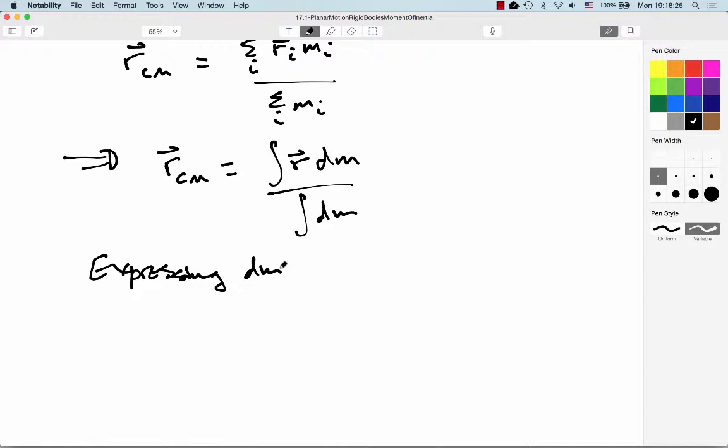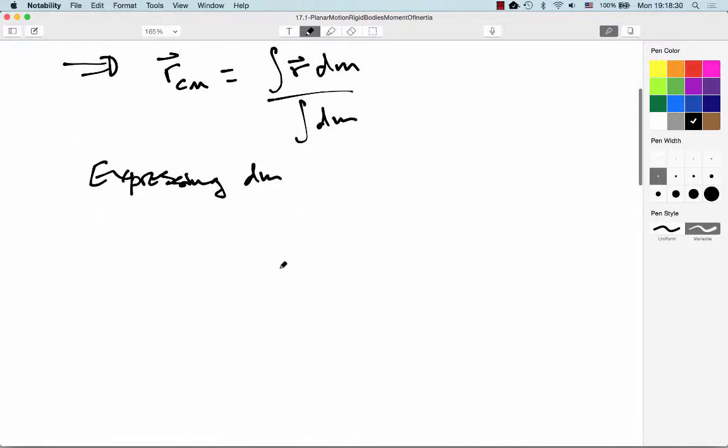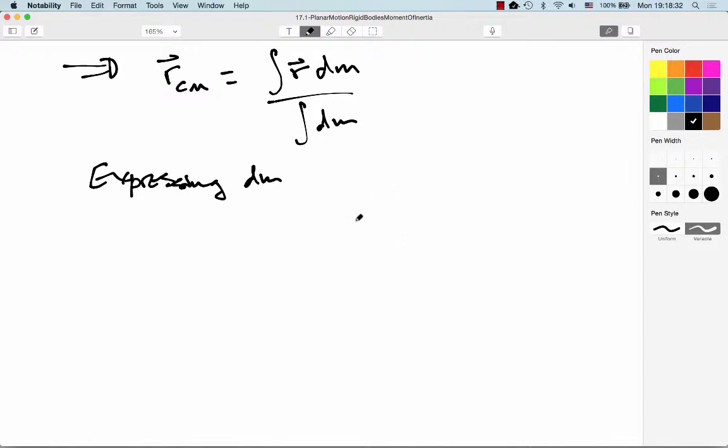Typically, you can't just integrate over mass. You're going to be integrating over some sort of coordinate, which means you need to transform it into something. So if it's, say, a volume, usually you'll express your dm as some volume density times some differential volume.